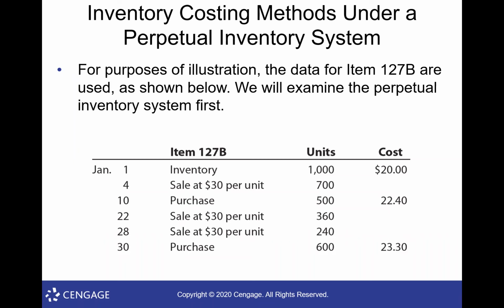This was stuff that they had at the beginning of the month of 1,000 units that cost them $20 each. On the 4th, they sold 700 units at $30 per unit. On the 10th, they purchased 500 units at $22.40. On the 22nd, they sold 360. And the 28th, they sold 240. And on the 30th of the month, they purchased 600 more.